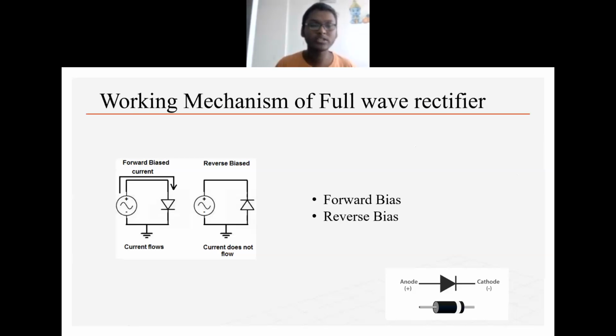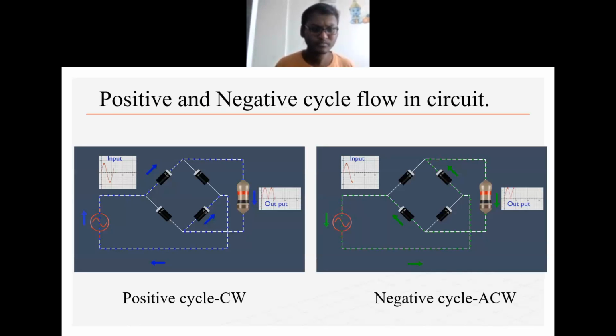Now we will see the circuit diagram. As you can see here, the positive cycle means the current flows in the clockwise direction, and the negative cycle means the current flows in the anti-clockwise direction. When the current moves in the clockwise direction during the positive cycle, it passes through two of the diodes and gets rectified.